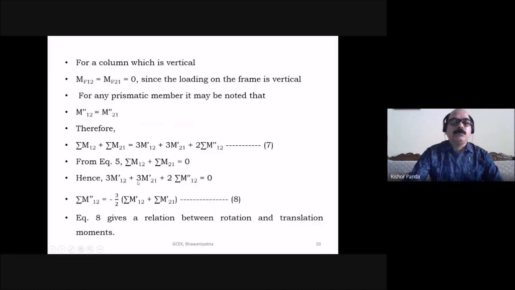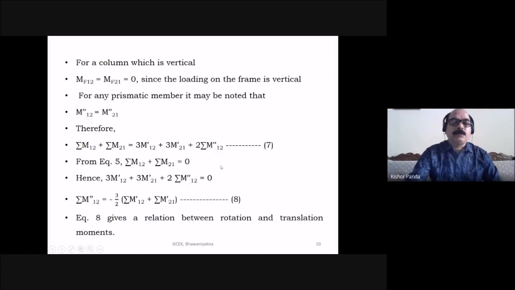3 M'12 plus 3 M'21 plus twice the summation of M''12 is equal to 0. The summation of M''12 is equal to minus 3 by 2 times the summation of M'12 plus the summation of M'21. So this is your equation 8. This is the summation of the translational moment of the vertical members.